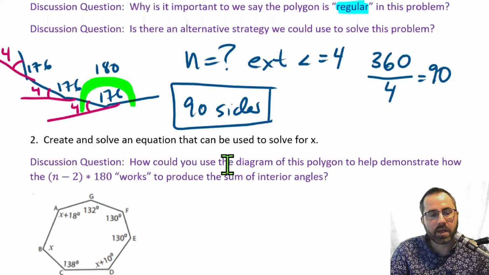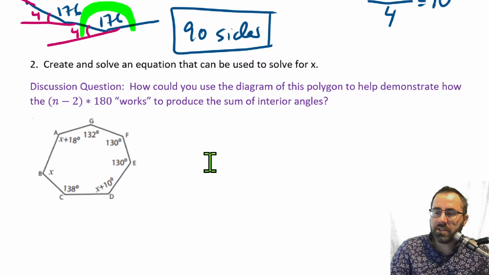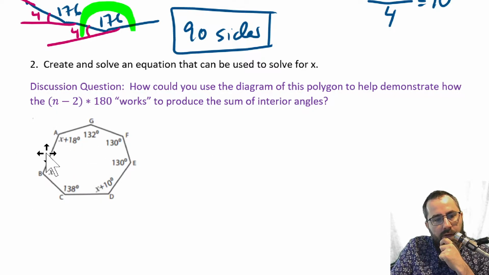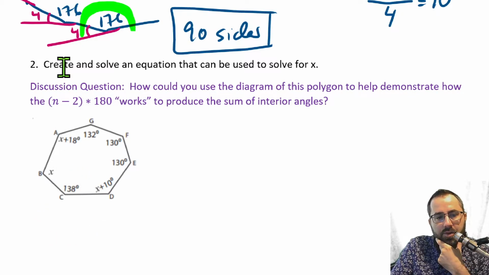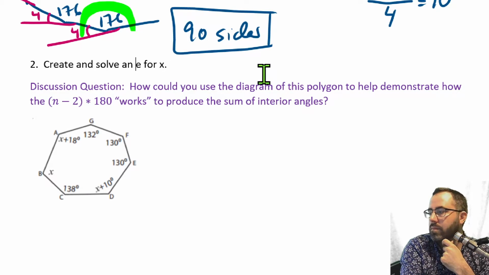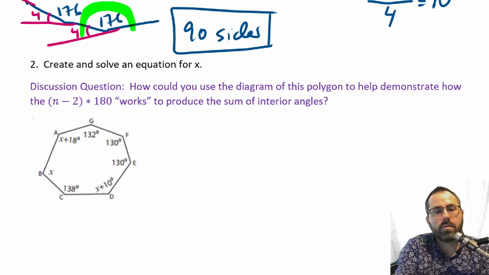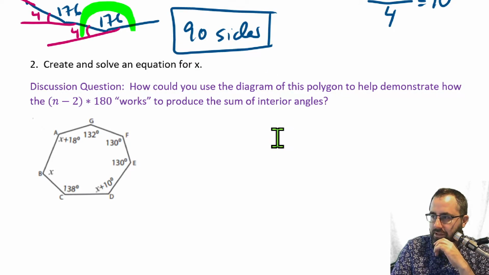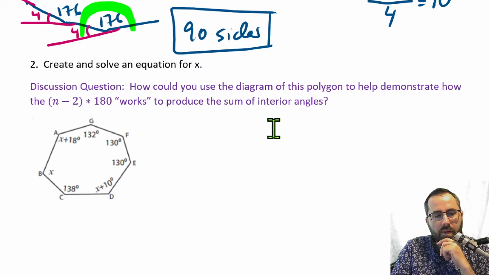Okay, second question. Here we've got a polygon with 1, 2, 3, 4, 5, 6, 7 sides, and it says create and solve an equation that can be used to solve for x. So how do you do this here?